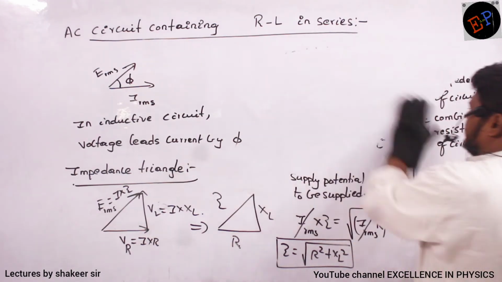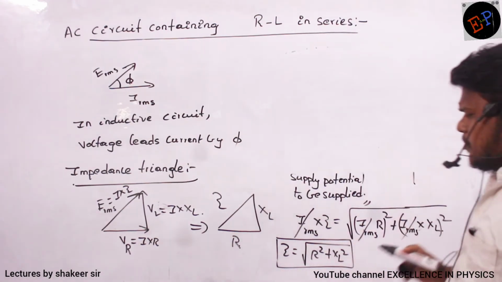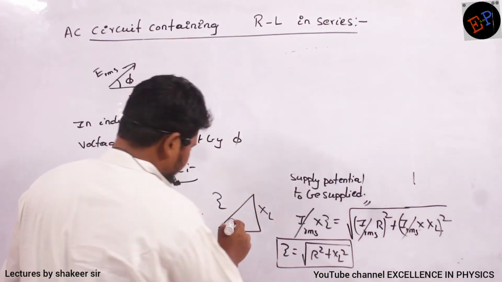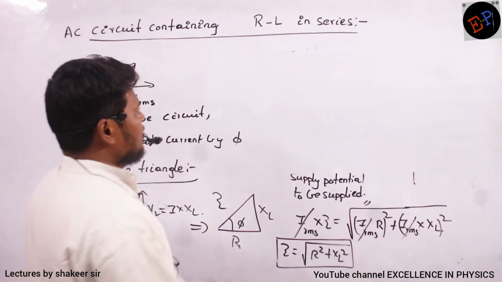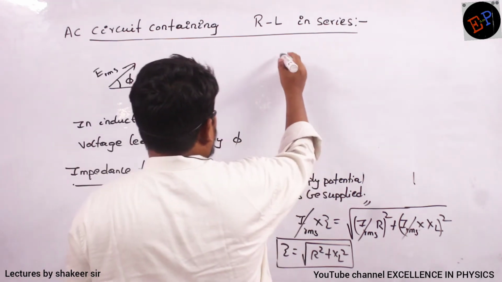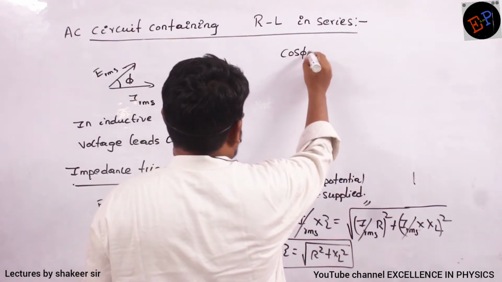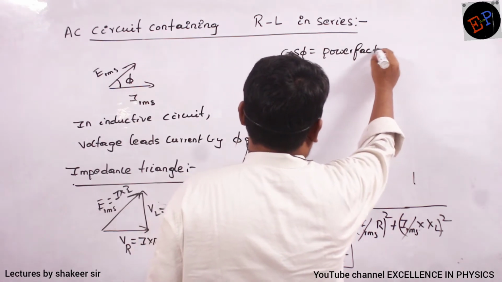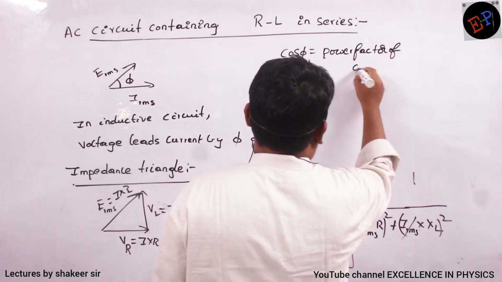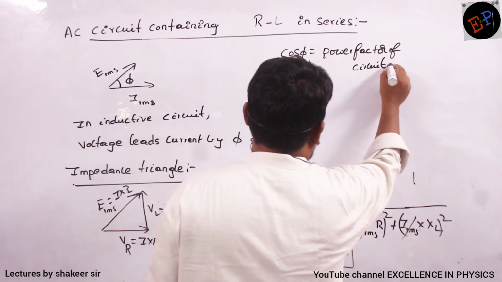Now see. So therefore in this impedance triangle also, I can indicate the same value of phi. Okay? And here I will write a term called cos phi, which is called the power factor of the circuit.